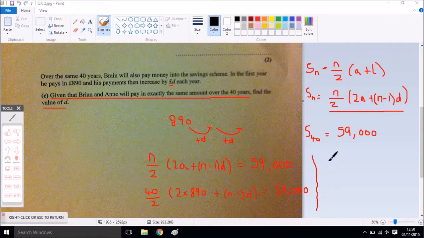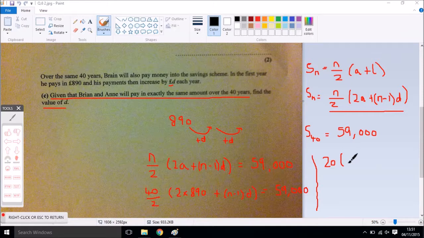So 40 divided by 2 is 20, and then open brackets, 2 times 890. A quick way to do that is, if you round this up to 900, do 2 times 900 and then take away 20, because when you do 2 times 900 it'll be 20 over, so you have to take away 20 at the end.